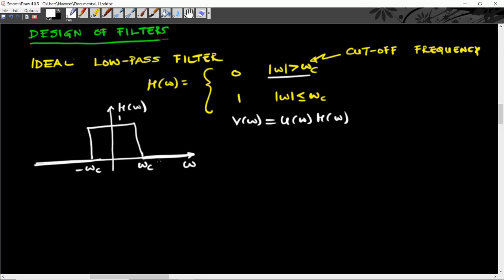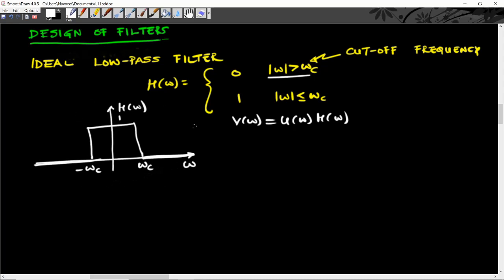So there is a sharp cutoff, and all frequencies having magnitude greater than omega c will be completely cut off, and therefore this is called an ideal low pass filter because we are removing the high frequencies with a sharp cutoff. So the ideal low pass filter allows all frequencies below this cutoff frequency to pass through unchanged, and it cuts off all other frequencies above the frequency omega c.